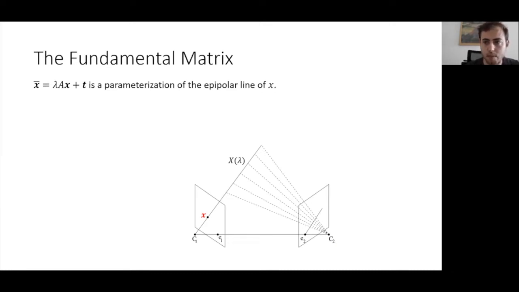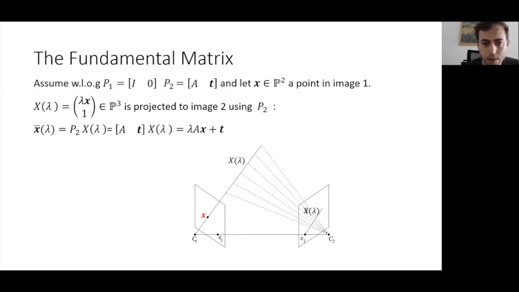Can I also ask a question about the previous slide? Yes, sure. In the first row, you wrote x of lambda equals lambda x1. Shouldn't the lambda be outside the point, like lambda times x1? If you want to indicate the ray?